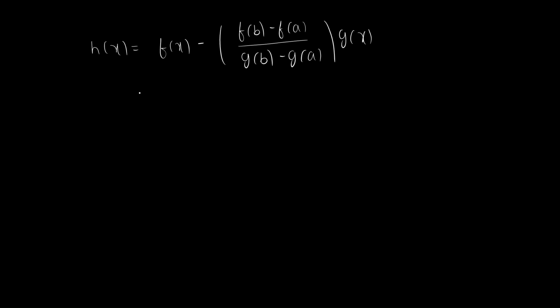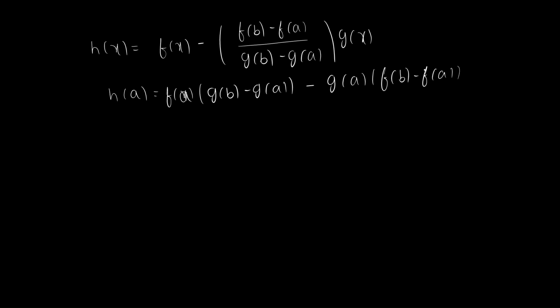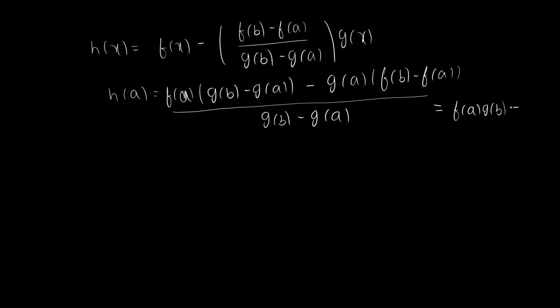Now I will put in x equal to a. h(a) is equal to f(a) into (g(b) minus g(a)) minus g(a) into (f(b) minus f(a)) divided by (g(b) minus g(a)), which will give us that (f(a) into g(b) minus g(a) into f(b)) divided by (g(b) minus g(a)).